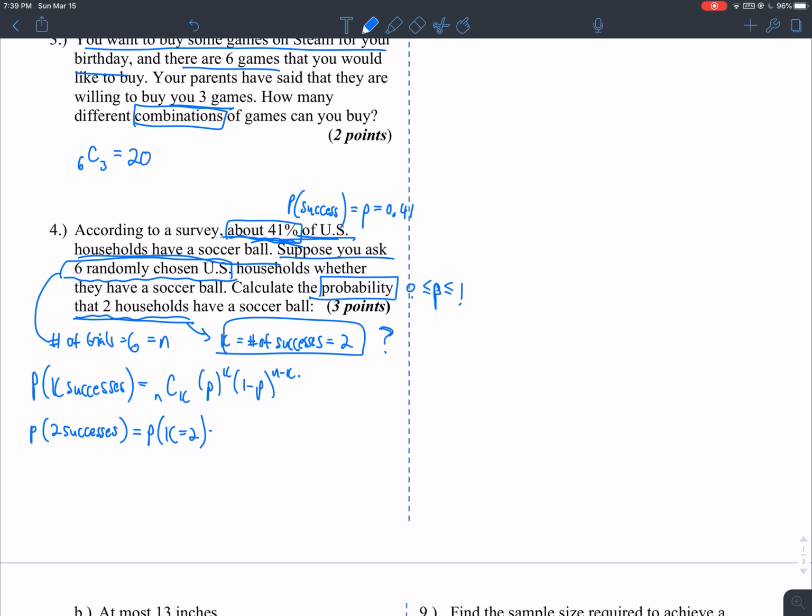And then you say equals N choose K. Well, N is 6, choose 2. The probability of success we set up here is 0.41 to the power of the number of successes, which is 2. And then 1 minus that, which is 0.59, to the power N minus K. So N is 6 minus K, which is 2, so this gives me 4.